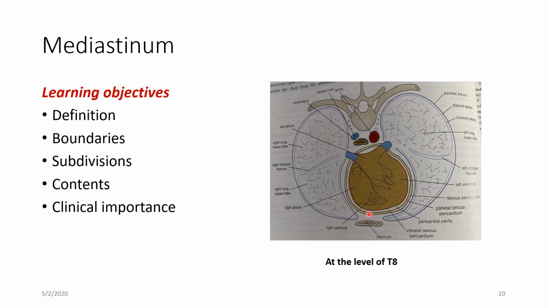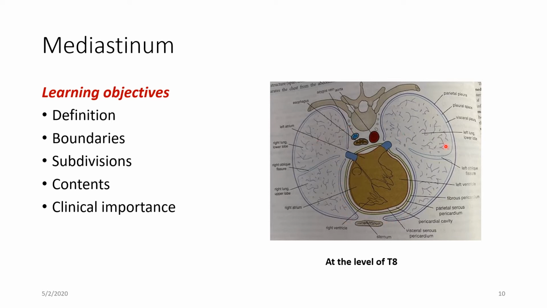And you can identify the mediastinum where you are seeing the heart with enclosed pericardium. So there is a layer known as the visceral layer of pericardium, parietal layer of pericardium with space in between, the pericardial cavity, and the outer fibrous pericardium.